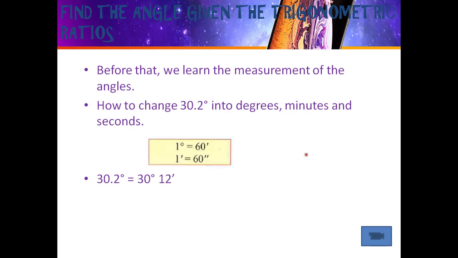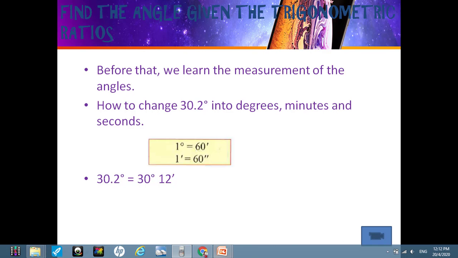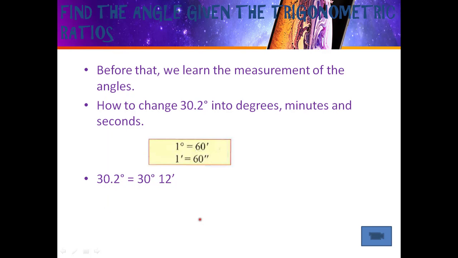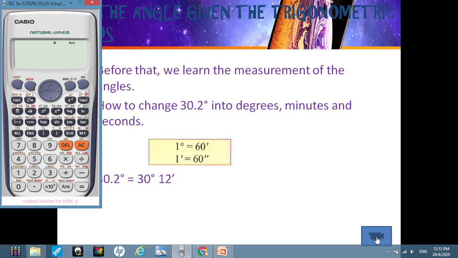Okay, so how do I find this, and how do we use the scientific calculator? So 30.2 degrees is equivalent to 30 degrees 12 minutes.